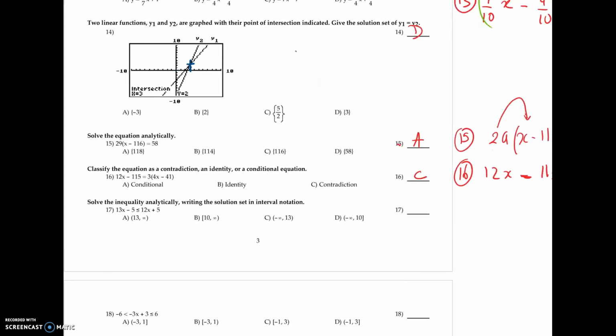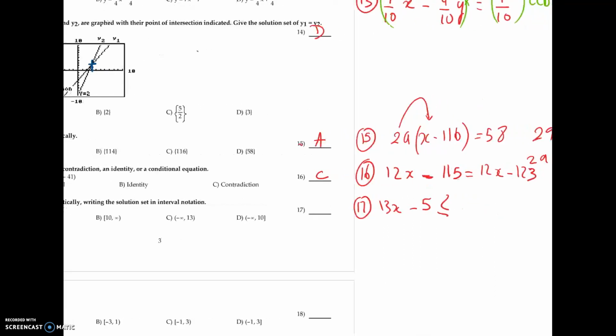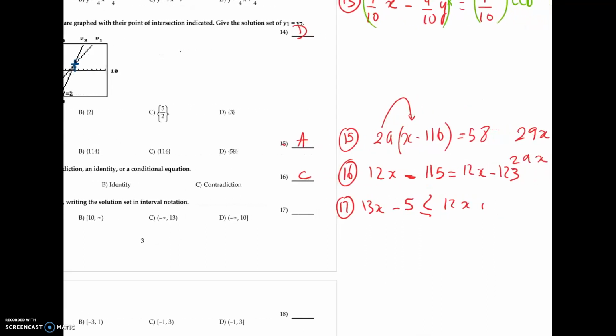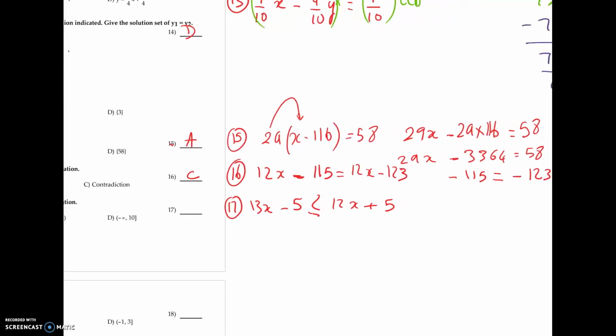Solve the inequality. So we have the inequality 13x minus 5 less than or equal to 12x plus 5. So I'm going to subtract 12x both sides, and I'm going to add 5 both sides.